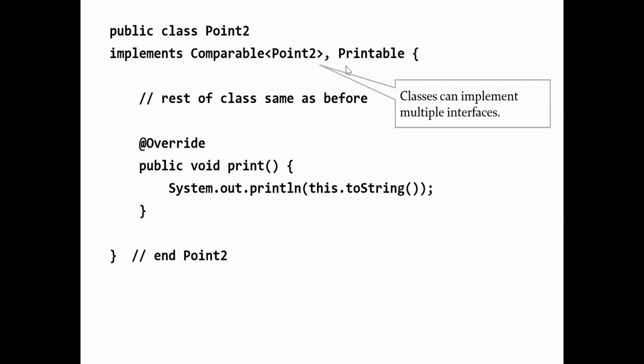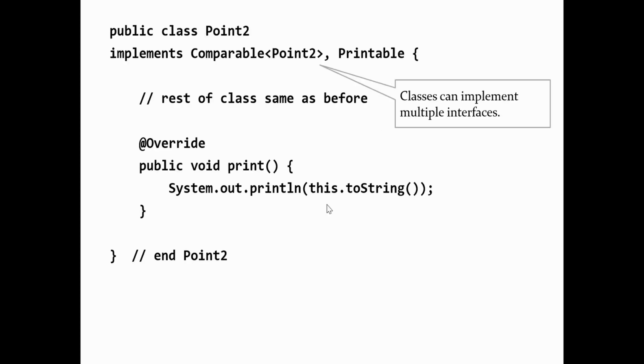A lot of the classes in the standard library implement many interfaces. Because we're now implementing the printable interface, we have to add our print method to the class. And to print a point, it's easy. You just call toString on the point and print it out. In this case, it's very easy to modify our class to implement the printable interface.